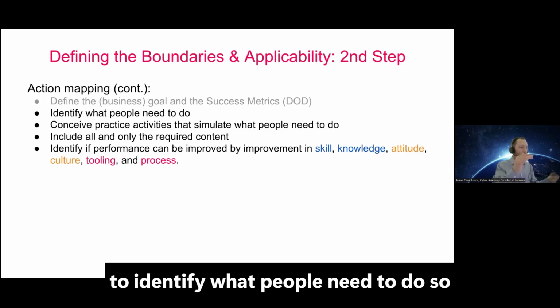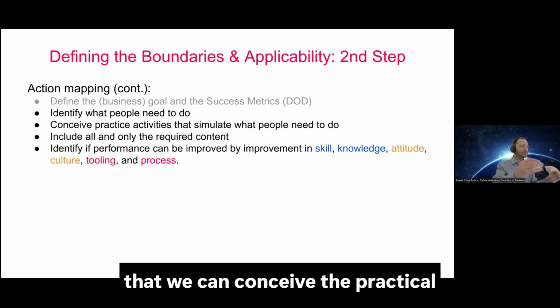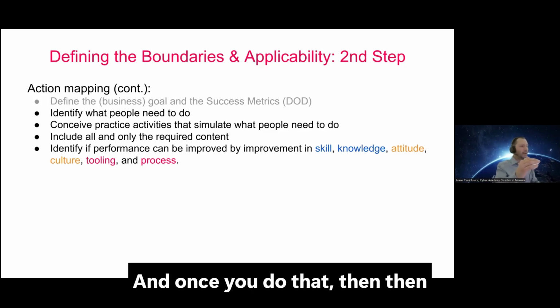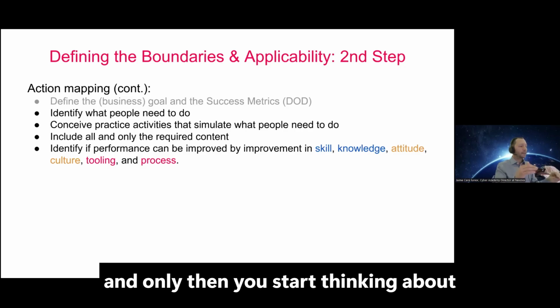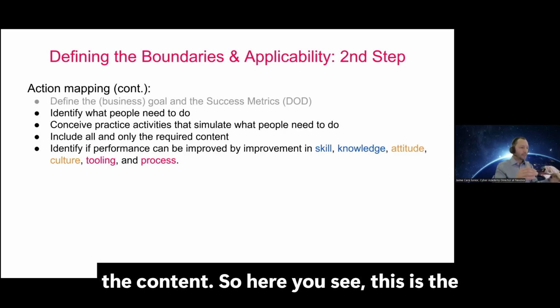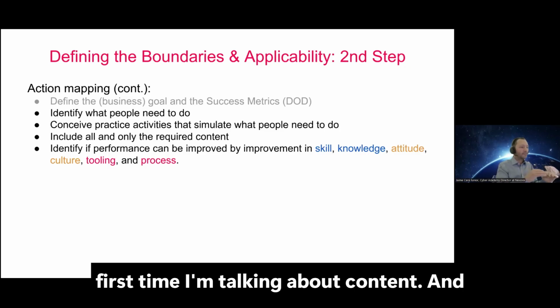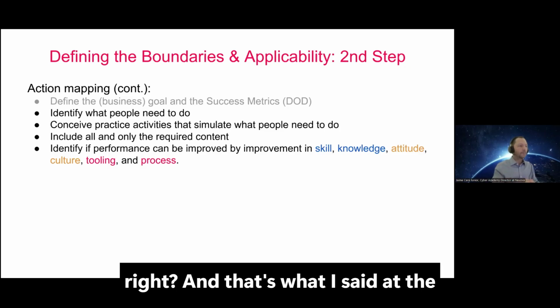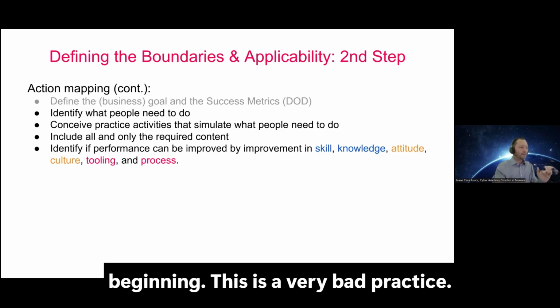And then you have to identify what people need to do so that we can conceive the practical activities that simulate those things. And once you do that, then and only then you start thinking about the content. So here you see, this is the first time I'm talking about content. And usually we start from the content, right? And that's what I said at the beginning. This is a very bad practice.